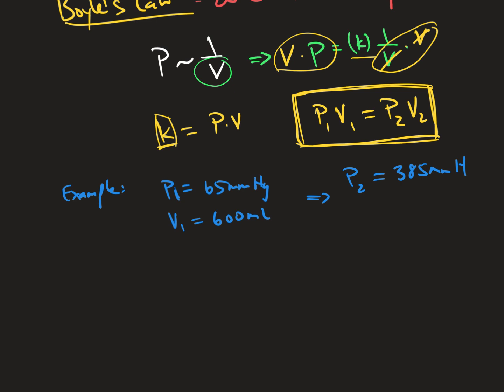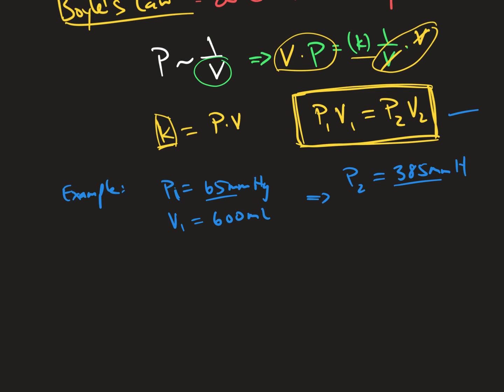If the pressure increases, so we go from 65 to 385, at the same temperature, what happens to the volume? Here's the cool thing. If we know this equation, we don't have to get a headache from thinking too hard.